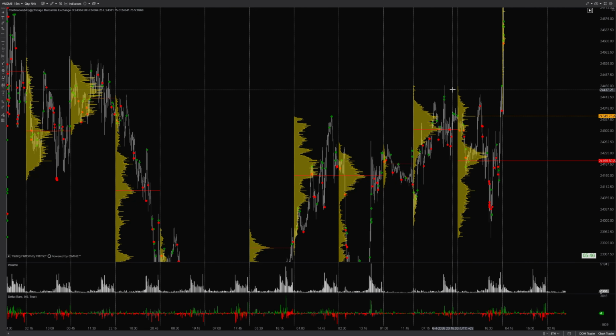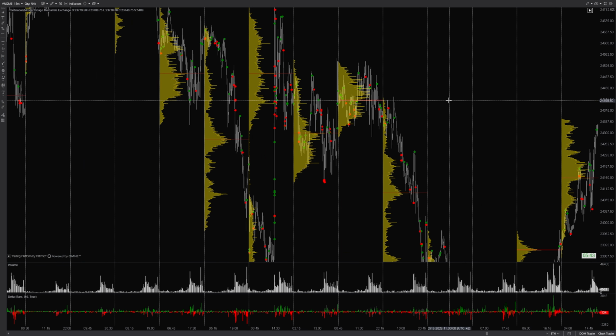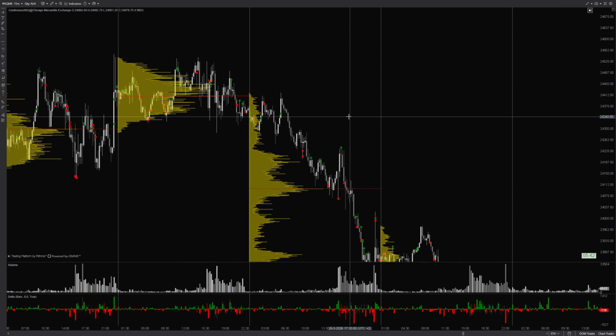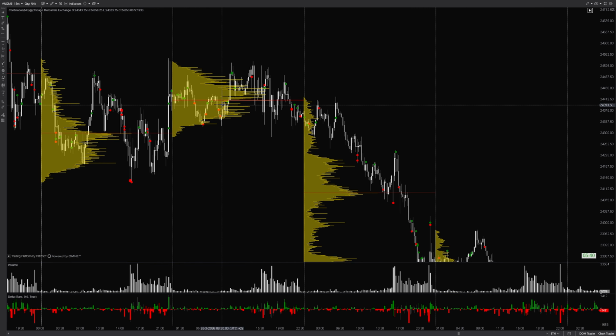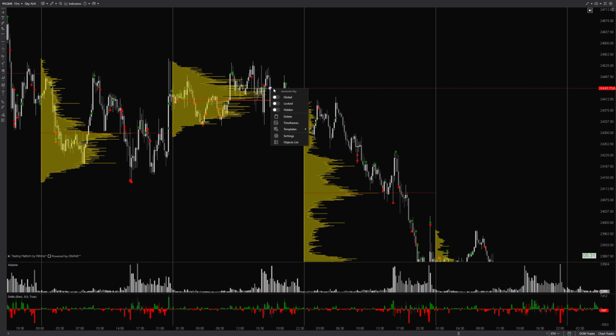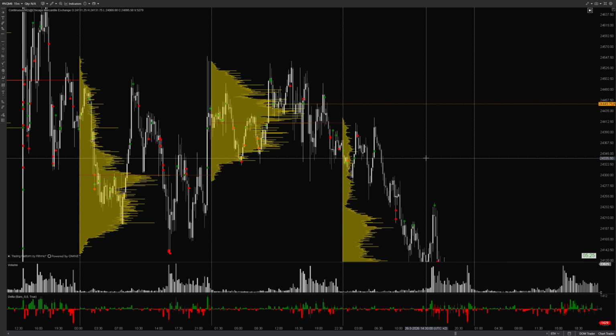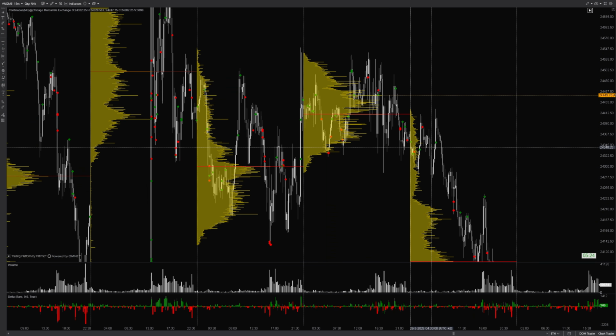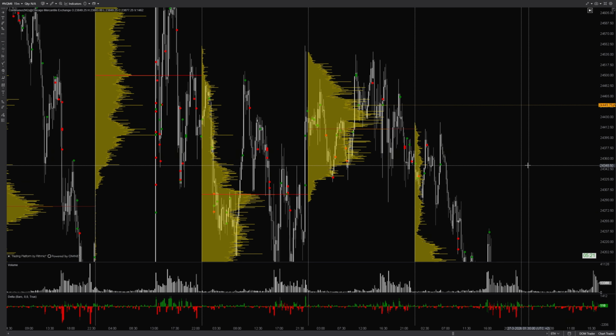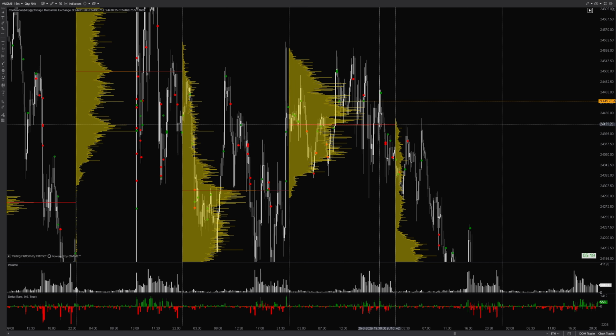Since our reaction was right there, let's go to the left. And there was quite a volume spike here on the market profile of the 25th of March. I would have marked this level if I didn't put the dynamic levels on, but let me show you. If you're really not familiar with how I mark up the levels, I always use the market profile and the strongest key levels of the previous days.